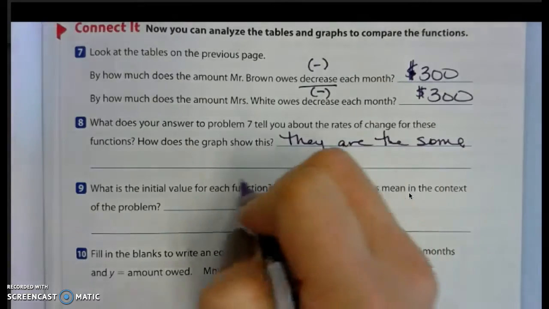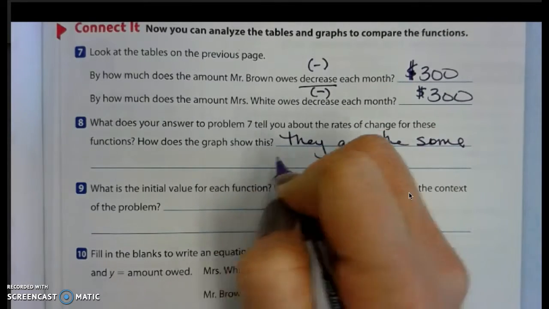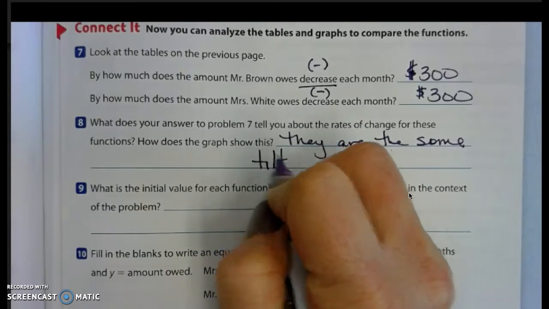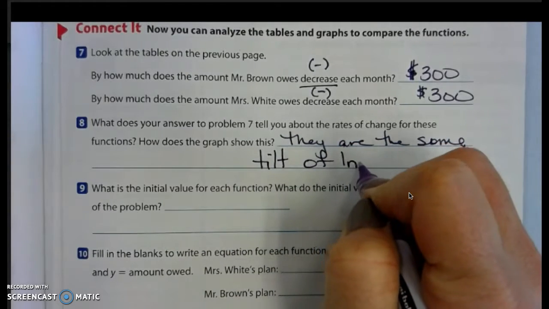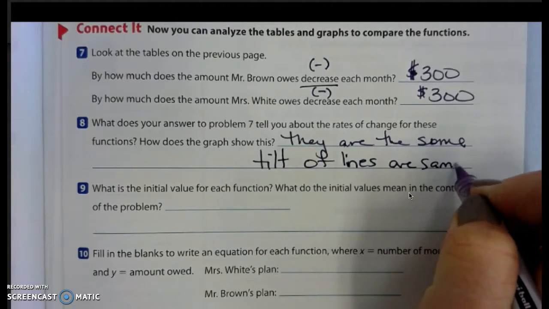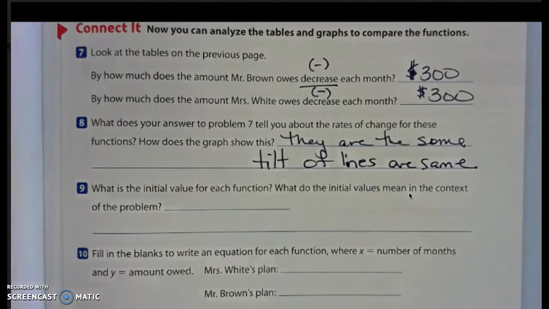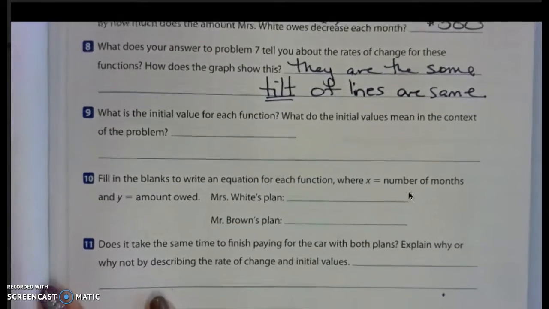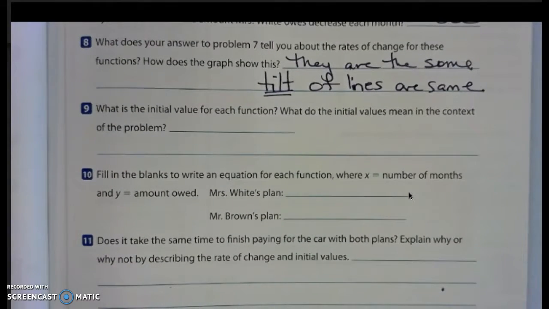Okay, it's the rate of change, or let's do the tilt. The tilt of the lines are the same. Okay, the tilt of the lines are the same. And we will talk about tilt, slope, rate of change a lot. It's coming.